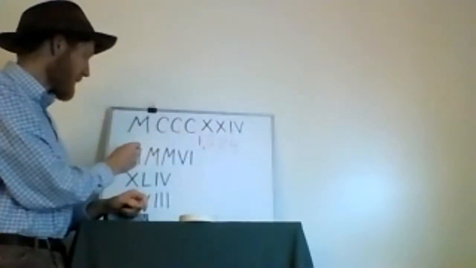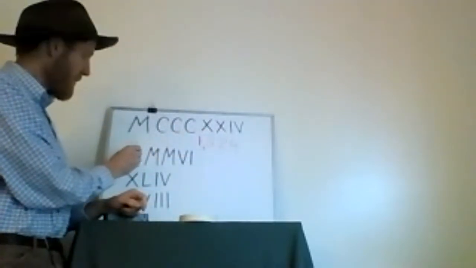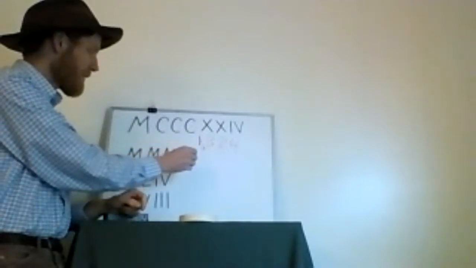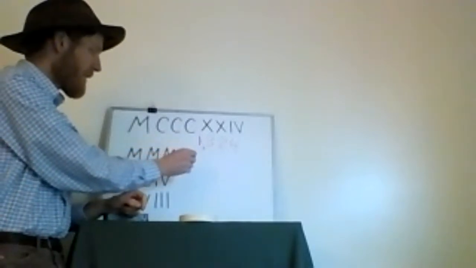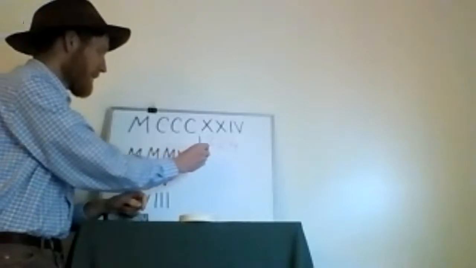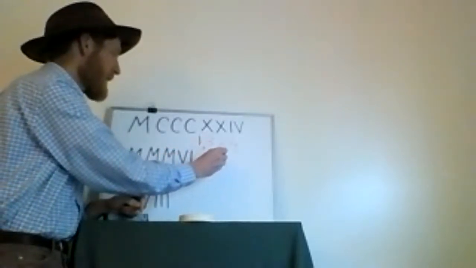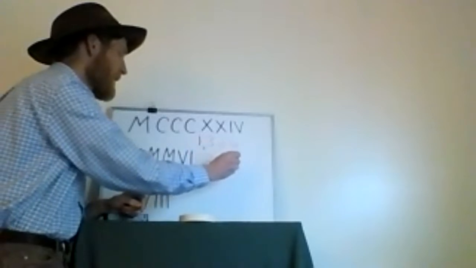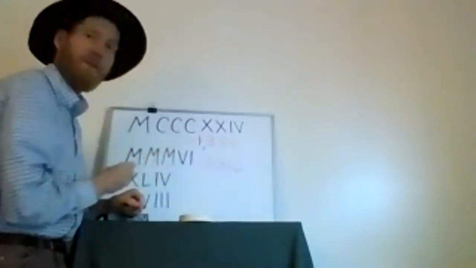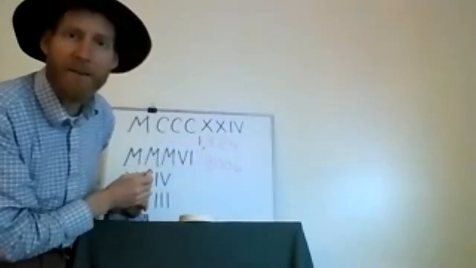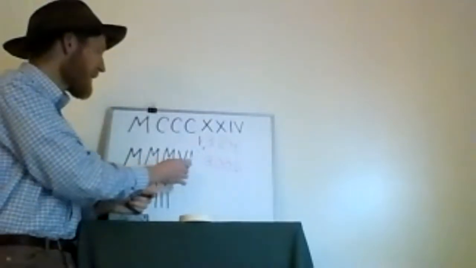All right, let's do the next one. M means 1,000, so 1,000, 2,000, 3,000, what? V is 5, and 1 is 6. 3006. We've got to put a 0 there. Look at how I wrote that. 3006. Is the red showing up all right on there? 3000 and then 6.